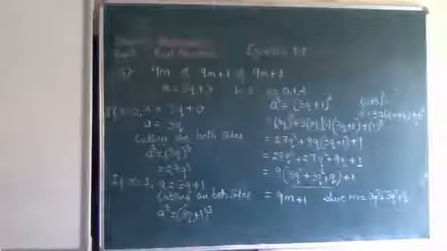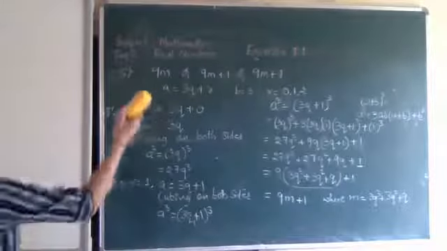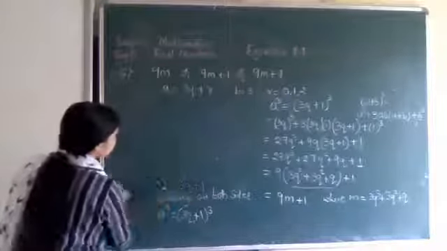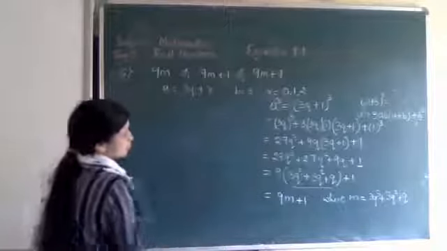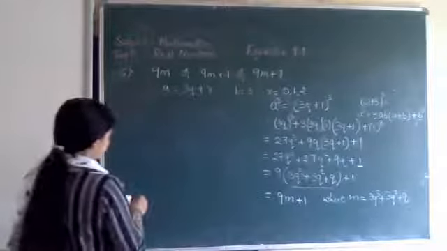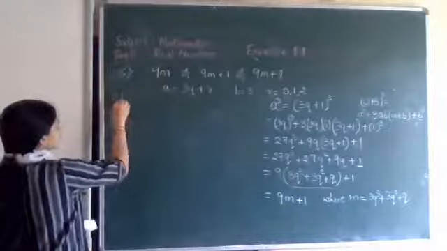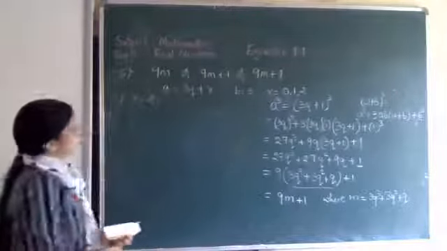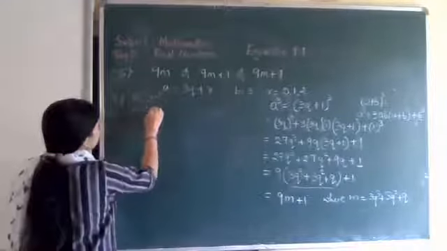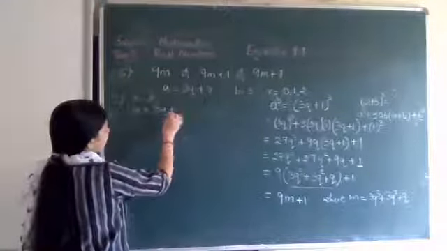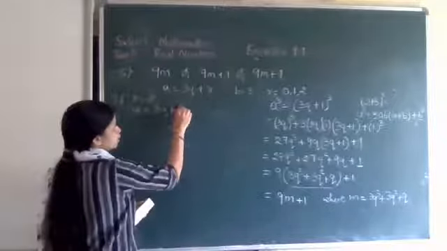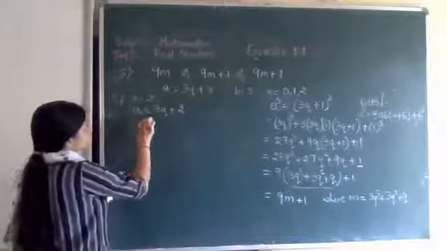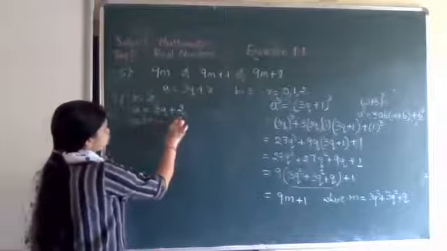And again we are going to solve to get 9m plus 8. This was for 9m plus 1. Now r is equal to 2. A is equal to 3q plus 2, by Euclid's division lemma. We have to cube on both sides.